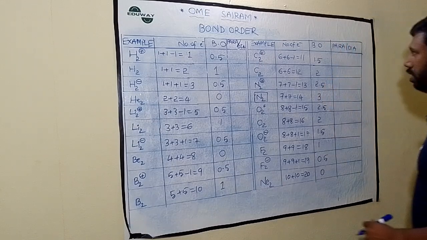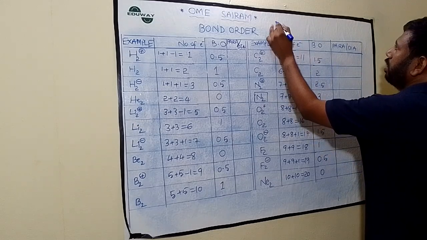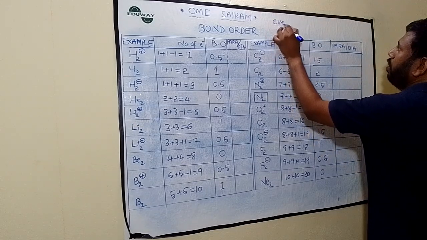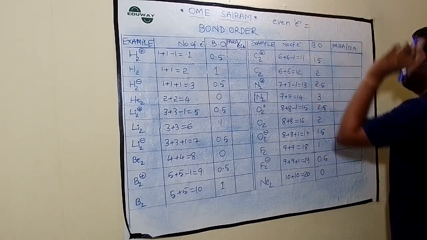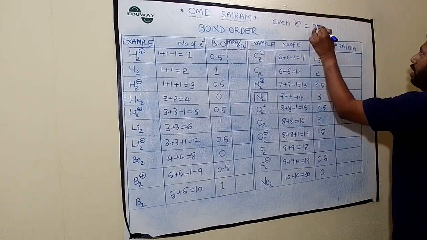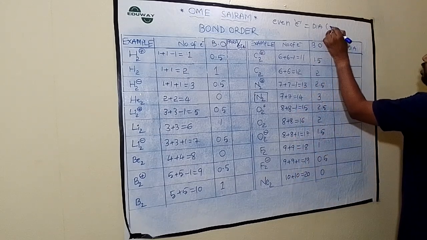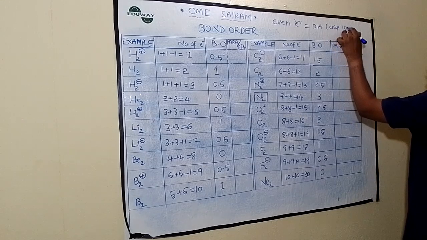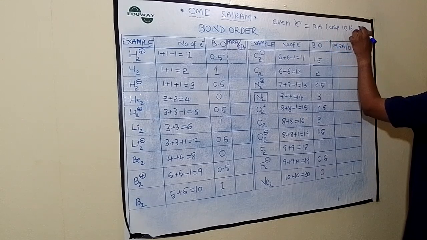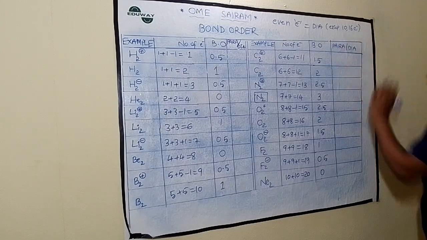Para and diamagnetic species. You have to remember one thing: even number of electrons always diamagnetic, except 10 and 16 electron species.